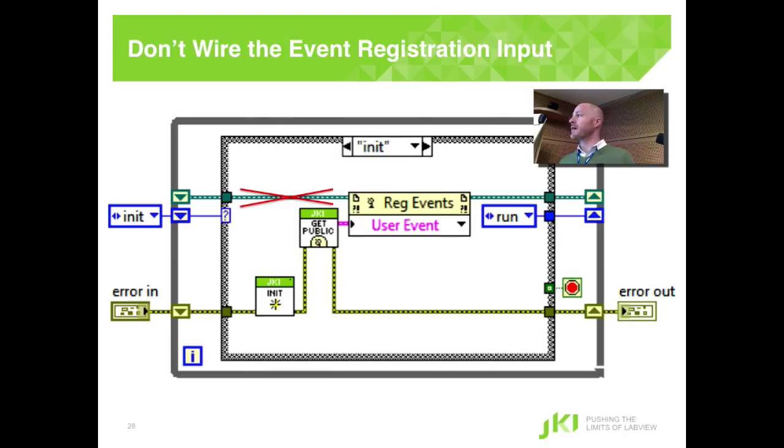If you don't wire the input, then it's a create event registration. If you wire the input, it's a change, or create if it's a null ref num or invalid ref num. And so what will happen here is if you wire the input, as you change this, your output type won't change because the input type is defined as what it used to be. And so it makes it so that the user's state machine will break every time the developer of this component changes the public events. So you don't want to wire that.